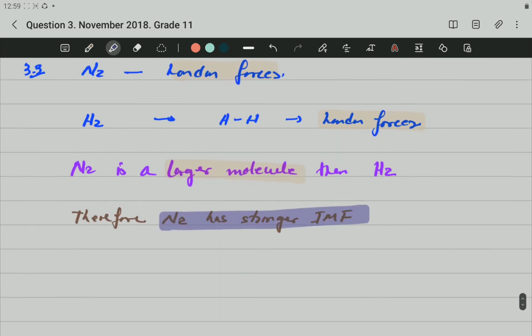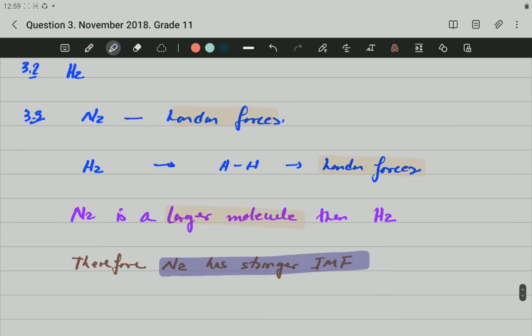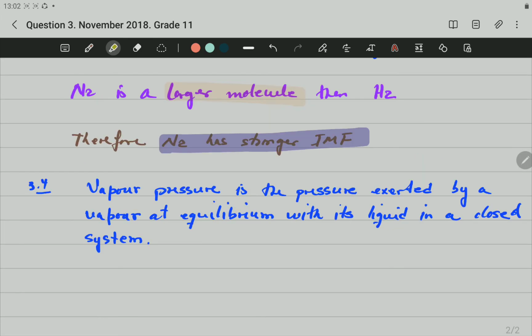Let's start question 3.4 by defining vapor pressure. Vapor pressure is the pressure exerted by a vapor at equilibrium with its liquid in a closed system. That is the definition of vapor pressure. And what is the important thing you have to know?